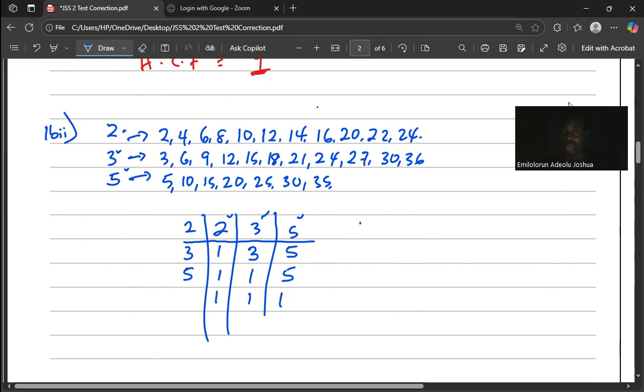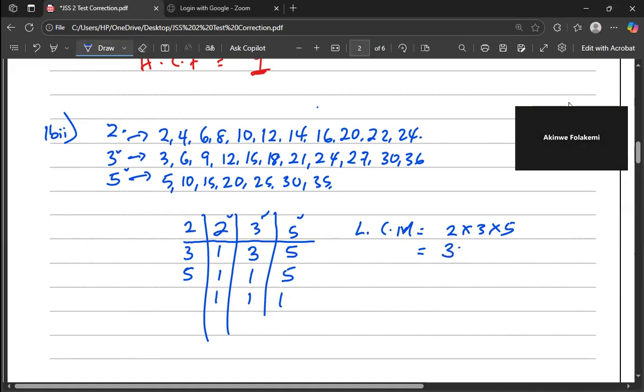So now the LCM is equal to 2 times 3 times 5. And that's what our answer is what? 6? Is it 6? No, sir.